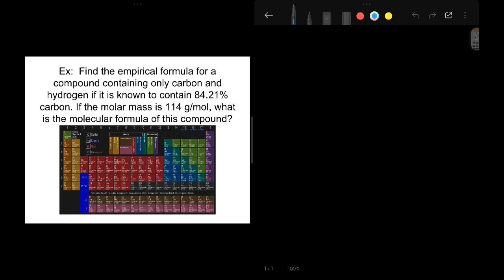So in this problem, the first thing that we need to do is to find the empirical formula. It says here that carbon has 84.21%. Now, since hydrogen has no percentage, we can assume that the total is 100%, and we're going to subtract 84.21% of carbon from it.